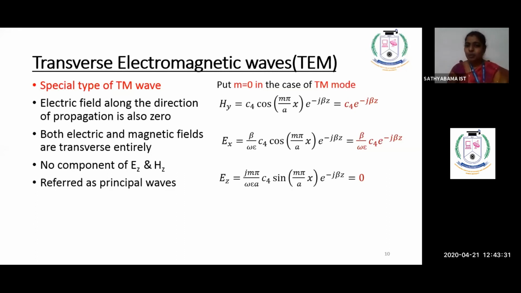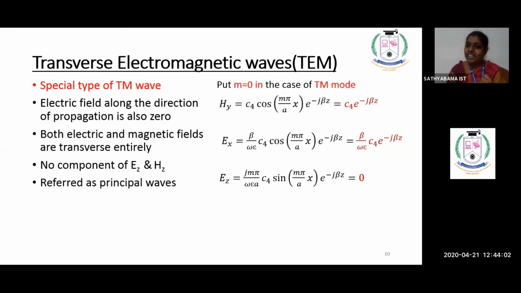In the TM mode, if I substitute m equal to 0, what will happen? That is what you are able to see on the screen. When you put m equal to 0, in the Hy component cos 0 is 1, so that component exists. Ex, cos 0 is again 1, so Ex also exists. Your Ez has sin m pi, so sin 0 becomes 0 and Ez equals 0.